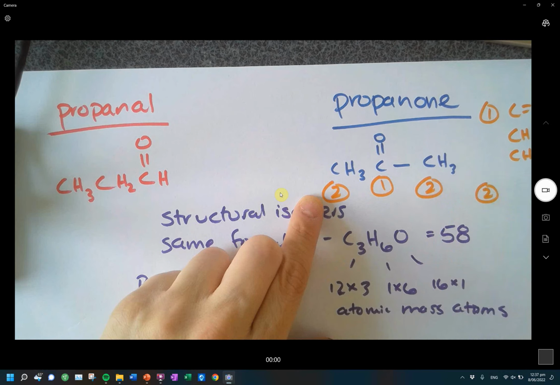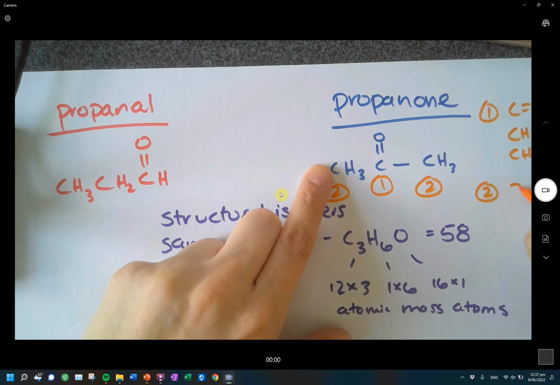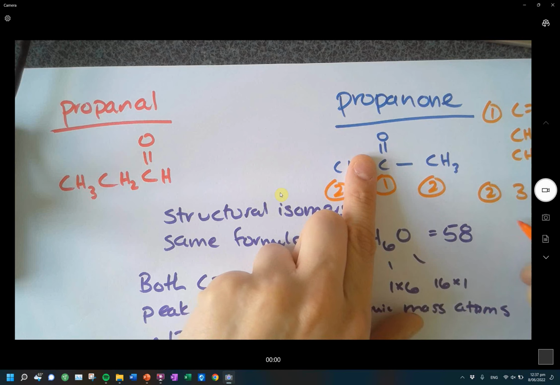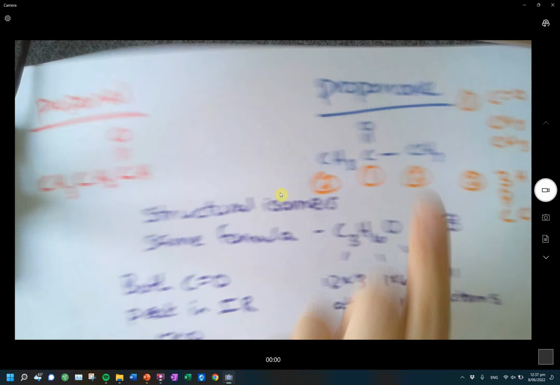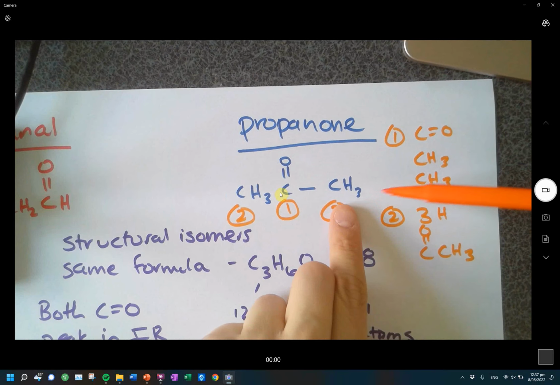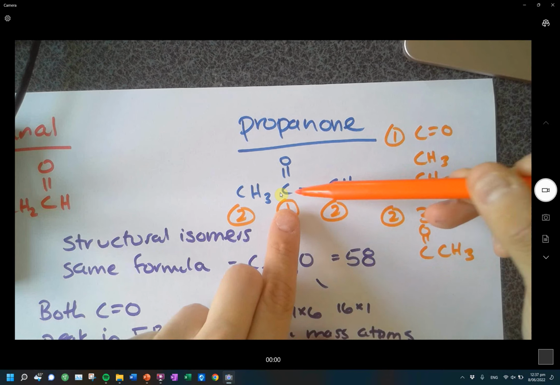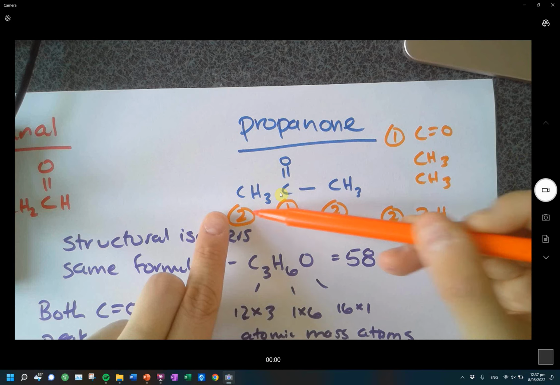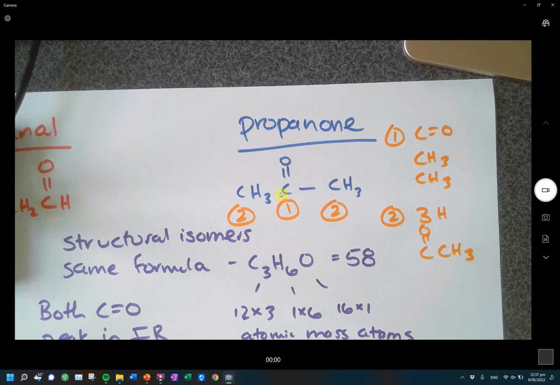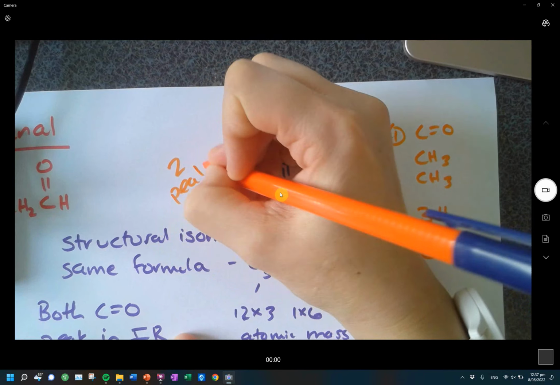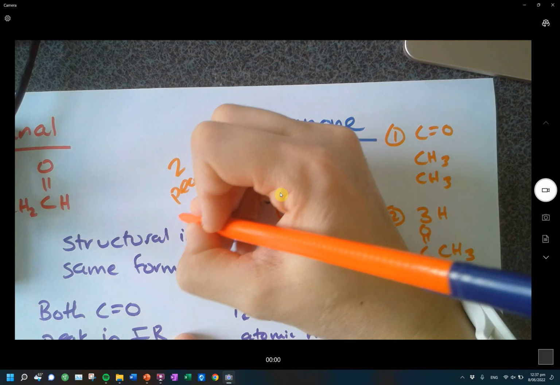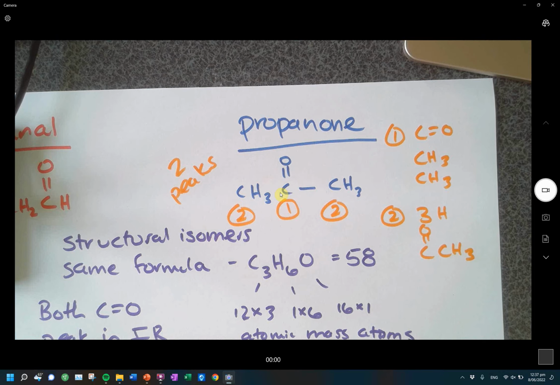So carbon environment number 2, when I look at it, has 3 hydrogens, a C double bond O, and then a CH3. And if I looked at this carbon here, it has the exact same makeup. 3 hydrogens, it's right next to the carbon with the carbonyl that has a methyl at the end. So that's why this one only has 2 peaks. So 2 peaks, 2 environments, that's what you'll see on the CMMR.